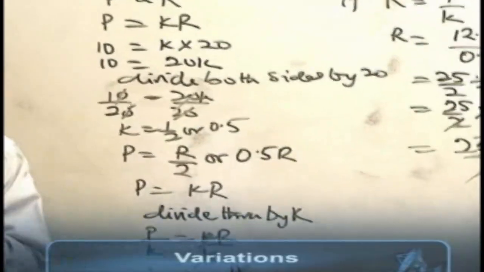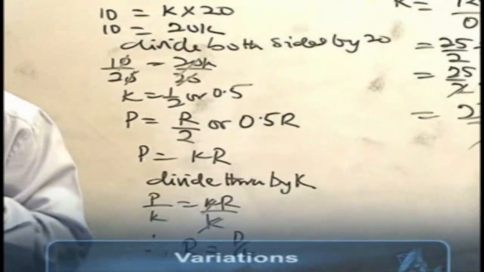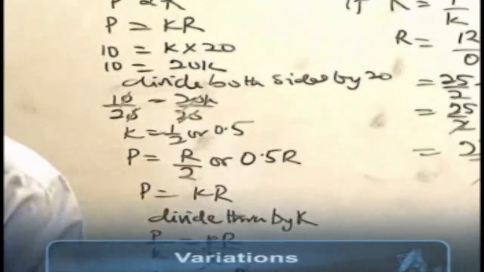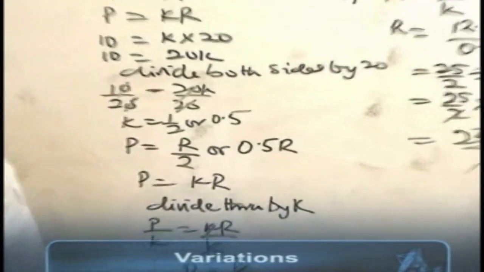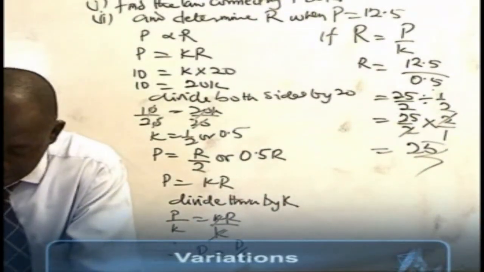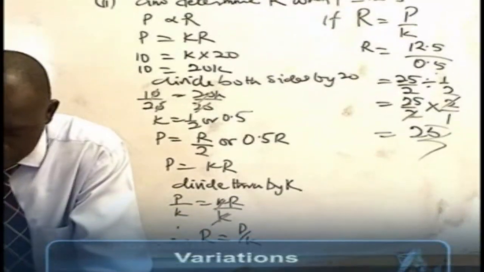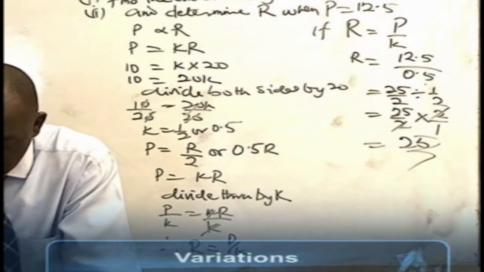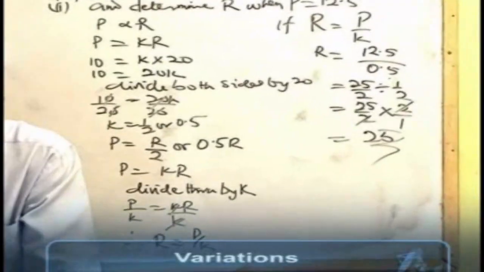The second variation we will look at is indirect variation. When a variable, for instance, demand, varies inversely as supply, the implication is any change in one variable triggers an opposite reaction and is in the opposite direction.